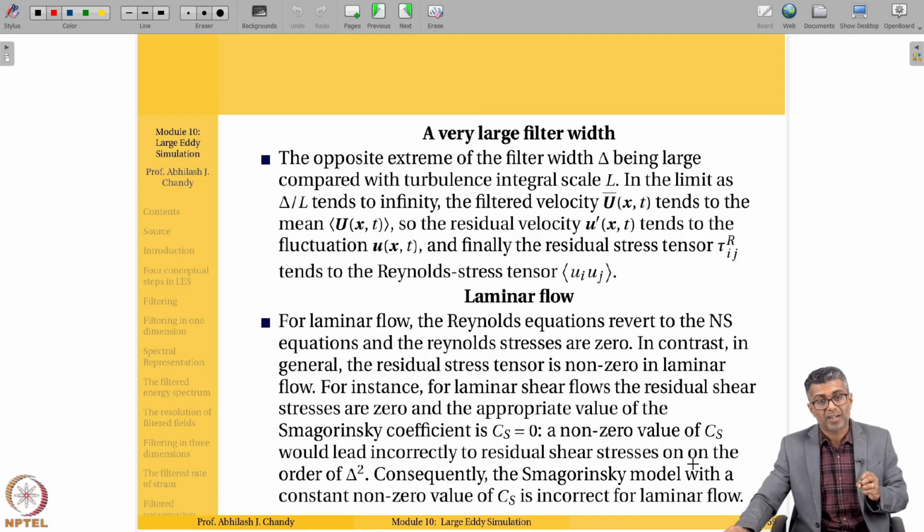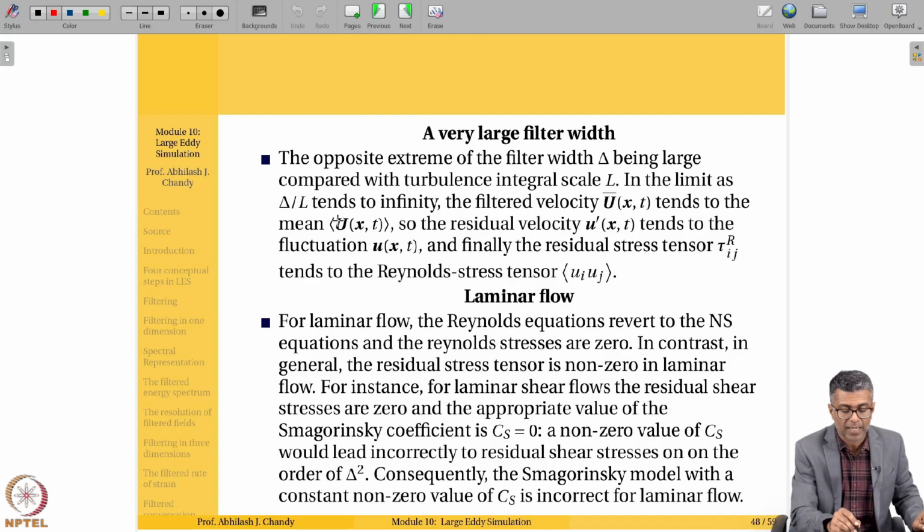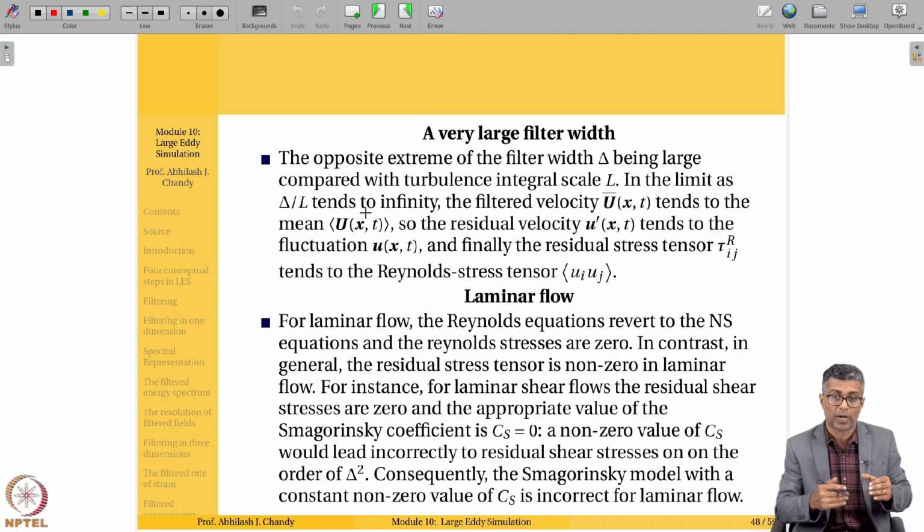What is more concerning is the large filter width. The opposite extreme, of the filter width being very large compared to the turbulent integral length scale, is that in the limit delta over L tends to infinity, U bar approaches U average, the mean velocity, because you're not resolving any scales at that point.